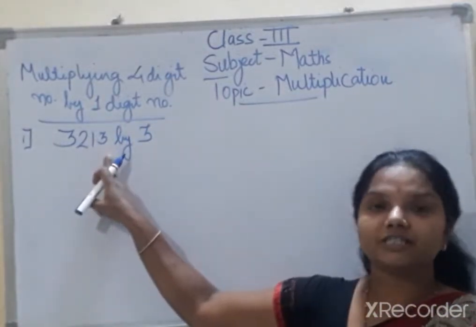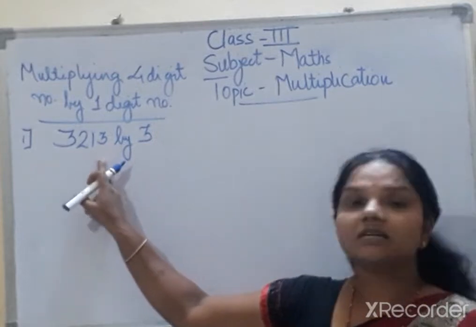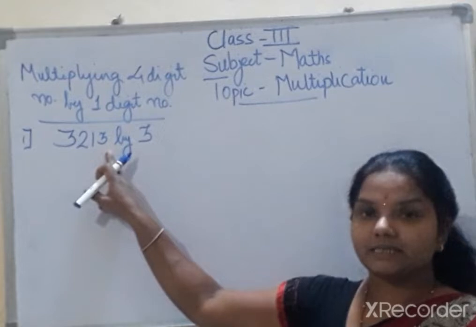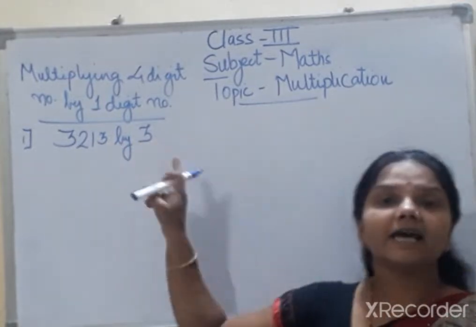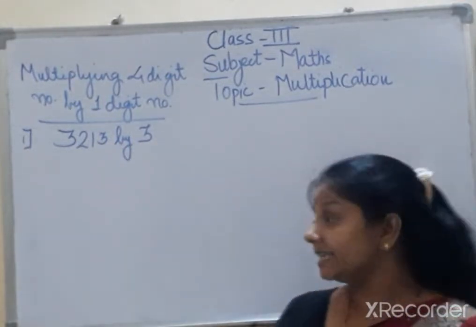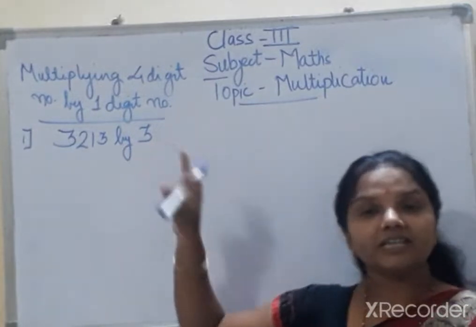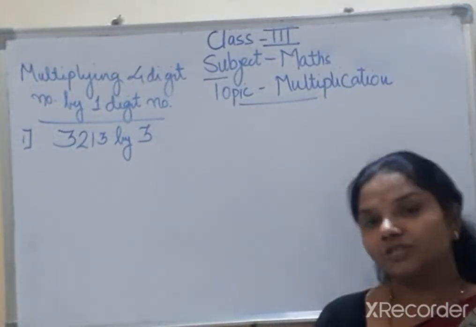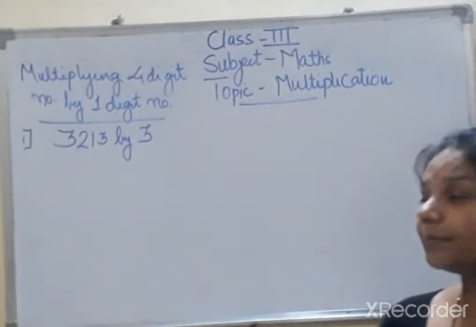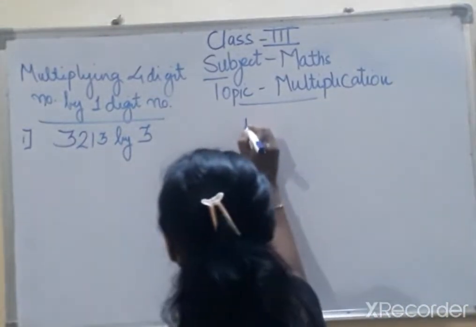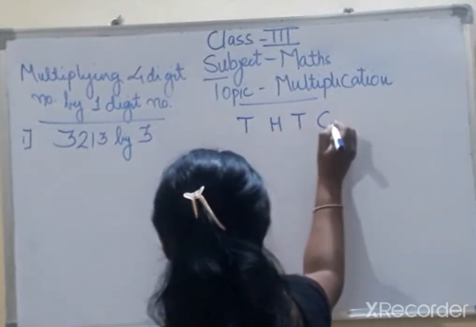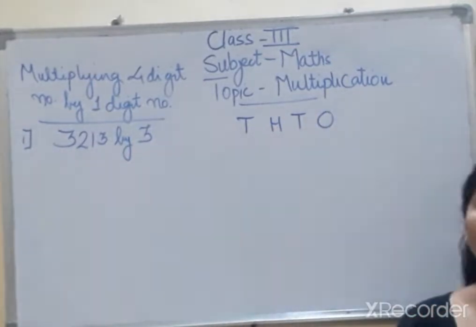3213 is a 4-digit number with place values 1000, 100, tens and ones. We are going to multiply it by a 1-digit number, that is 3. 1-digit number means it has only one place value, that is ones. So let us start. The first step is arrange the number first in the vertical columns of 1000, 100, tens and ones.